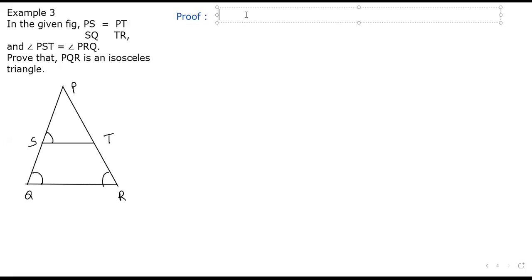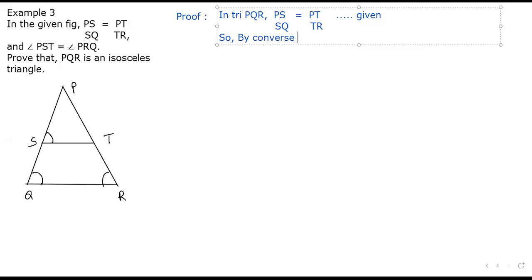Chalo. So in triangle PQR, we are going to write what? PS upon SQ. Always mention in which triangle you are doing all these things. PS upon SQ is PT upon TR, given. And if the ratios are equal, by converse of BPT, you're going to get ST parallel to QR.